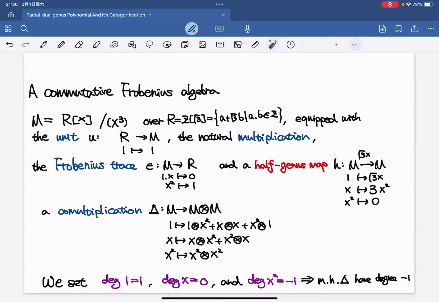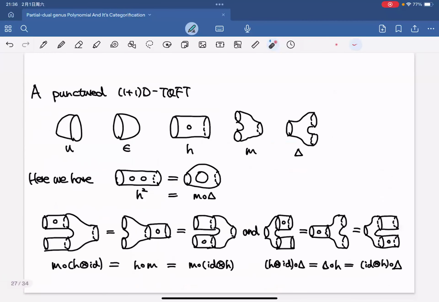We know that there is a one-to-one correspondence between commutative Frobenius algebras and two-dimensional TQFTs. In this case, it also has some topological interpretation. Here we have a so-called punctured 1+1 dimensional TQFT.